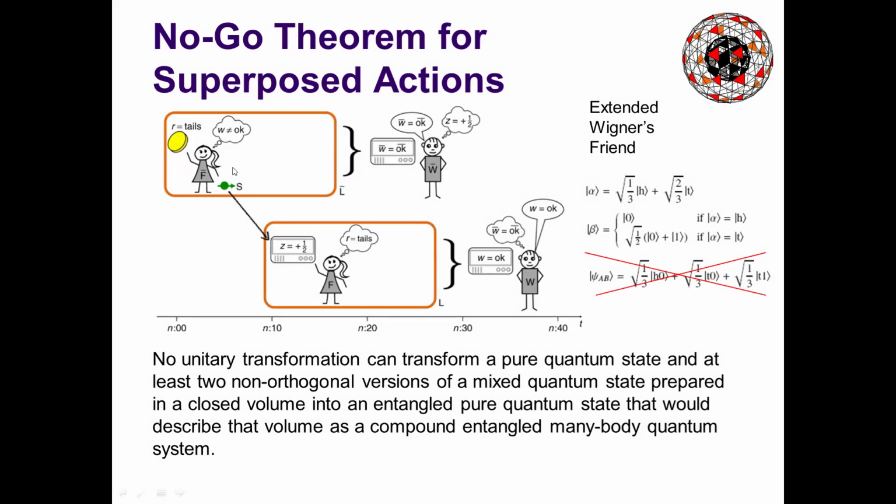This experiment says that an experimenter in a closed laboratory is performing an experiment and, depending on the results, is preparing a quantum state, which he then delivers to a second experimenter, also contained in an enclosed laboratory. And the second experimenter prepares quantum states according to 2 different scenarios.